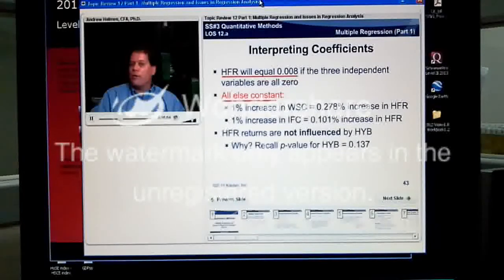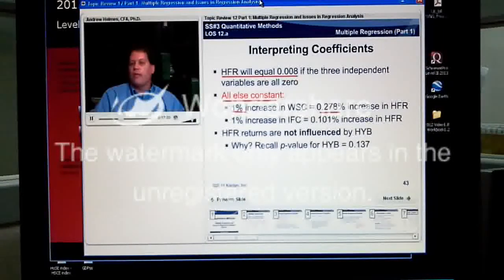So if the Wilshire Index goes up by 1%, what's going to happen to hedge fund returns? Well, it's going to be the change in the index times the coefficient of 0.278, so we're going to end up with a 0.278% increase in hedge fund returns. That's the typical relationship. We get a 1 unit increase in the Wilshire Index, we get a 0.278 increase in the hedge fund returns.